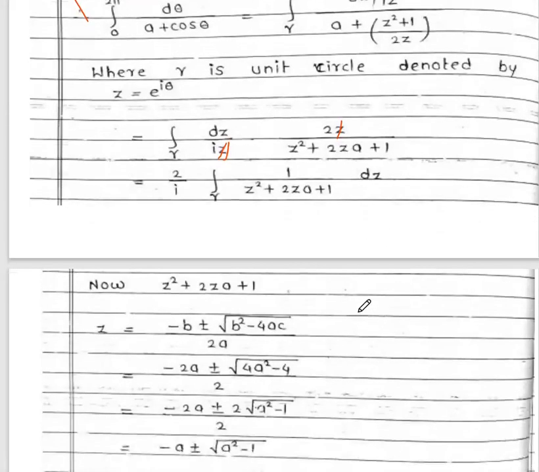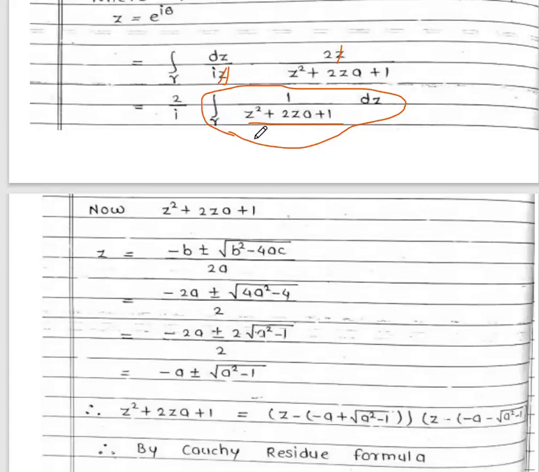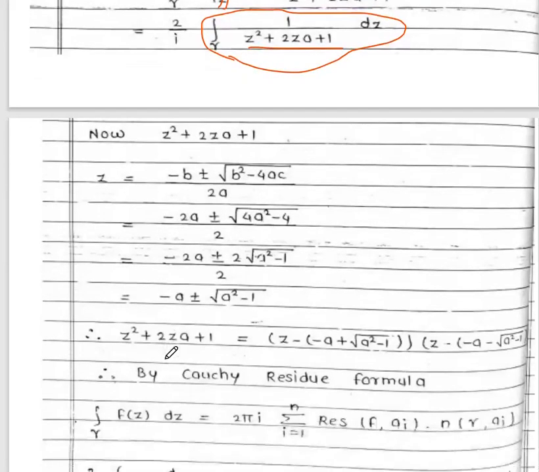Now we will solve this integral. Let us take this term and find out the factors of this term, z square plus 2za plus 1. By using the general formula, we can find out the factors of this term.